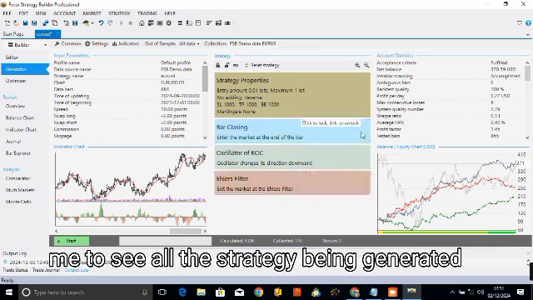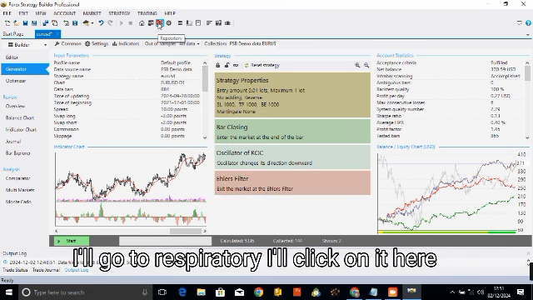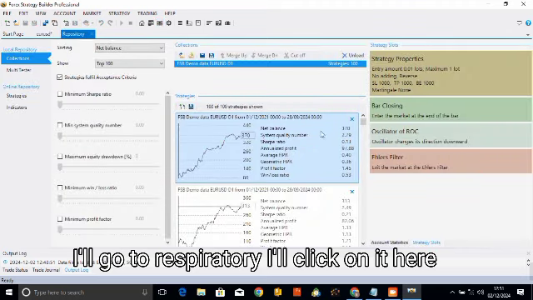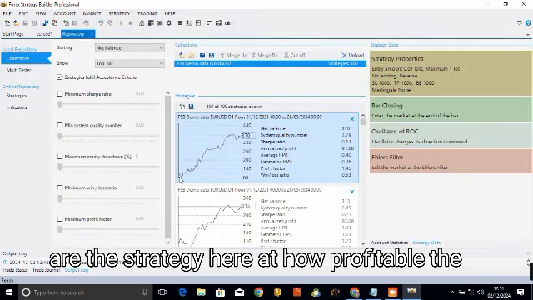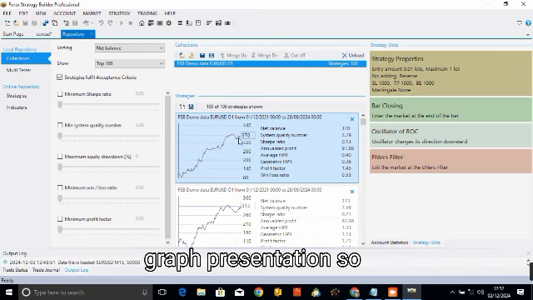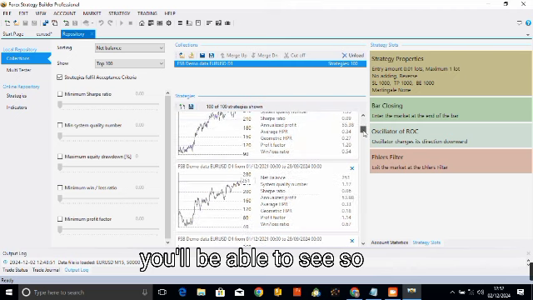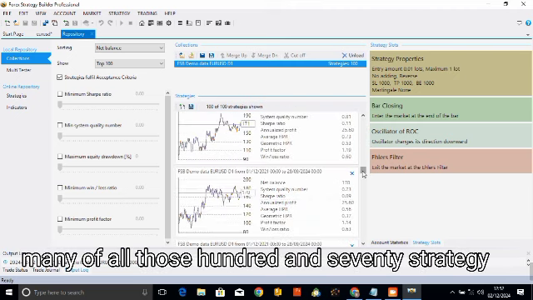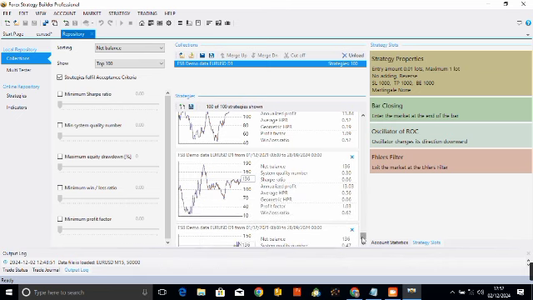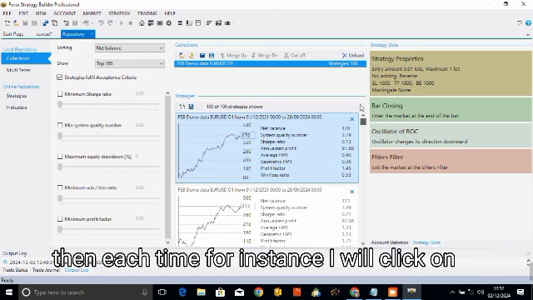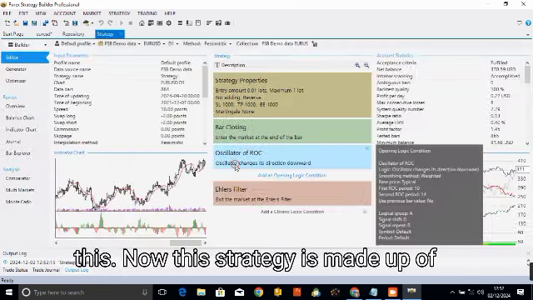For me to see all the strategies being generated, I'll go to repository. I'll click on it. Here are the strategies and how profitable they are, in graph presentation. So you'll be able to see so many, all those 100 and something strategies. Each time, for instance, I'll click on this.